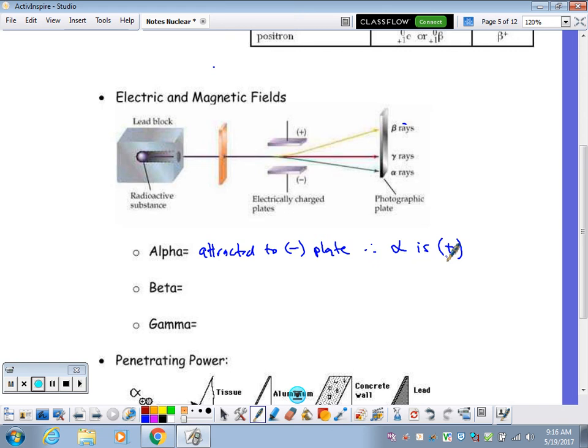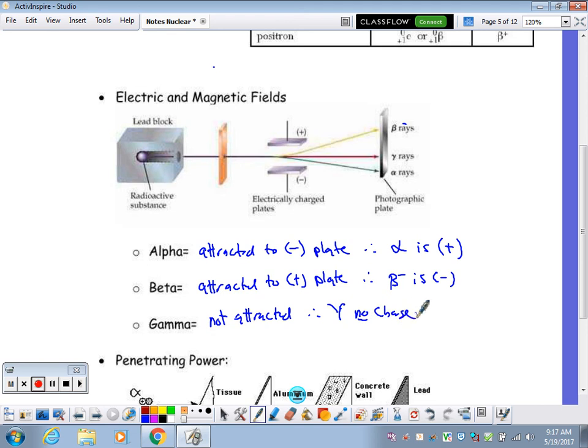The beta is attracted to the positive plate, so that beta particle is negative. The gamma was not attracted by either plate, so therefore the gamma carries no charge.